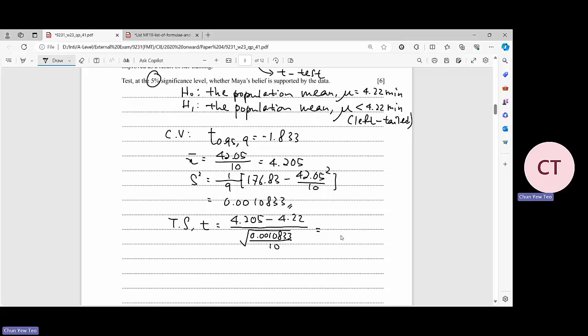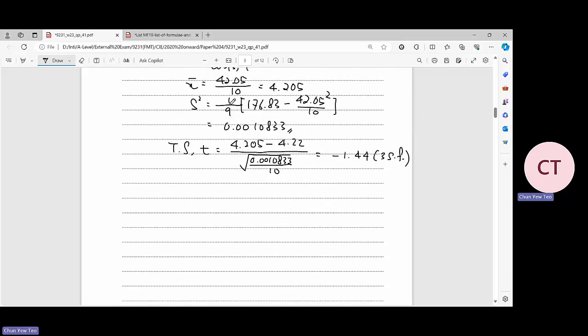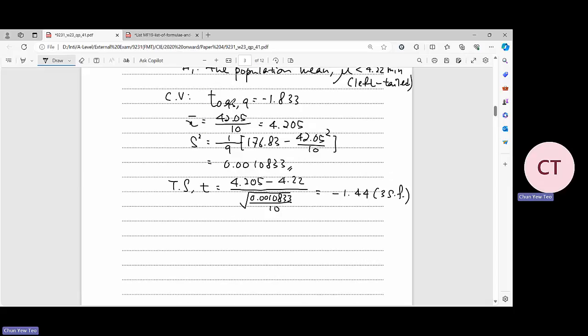Press the calculator and you get the answer as negative 1.44, three significant figures. Now I take the test statistic, modulus it, and take the critical value, I modulus it, and compare. You can see that the test statistic after you modulus is less than the modulus of the critical value. So in this situation, we will accept H0.